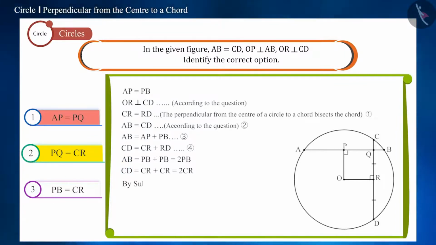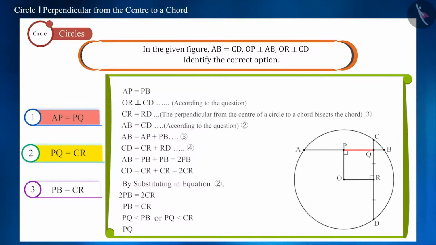And we are given that AB and CD are equal. So, we can say that PB is equal to CR. In the figure, you can see that point Q is located on PB. That is, PQ is smaller than PB.